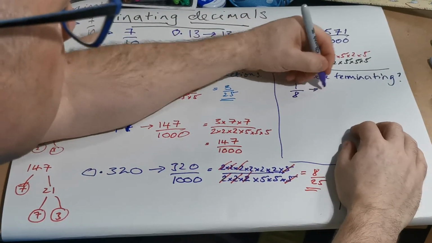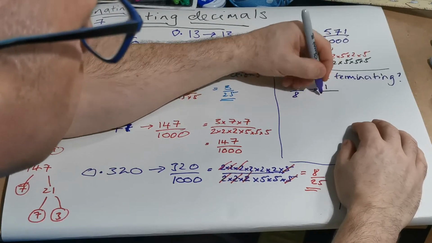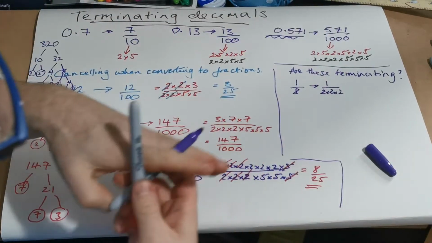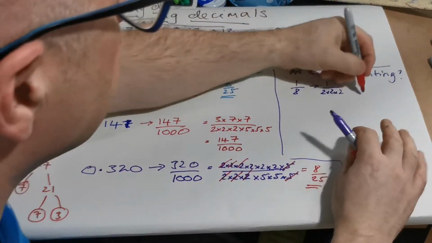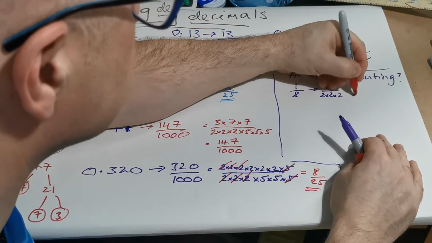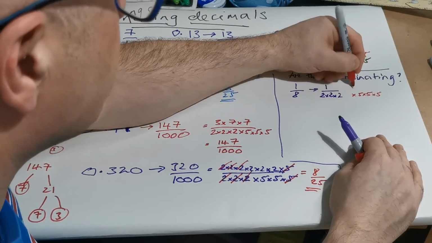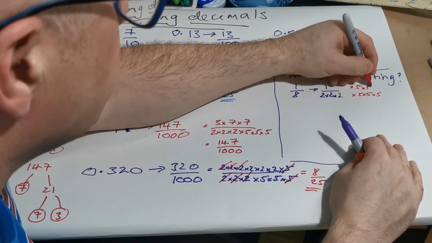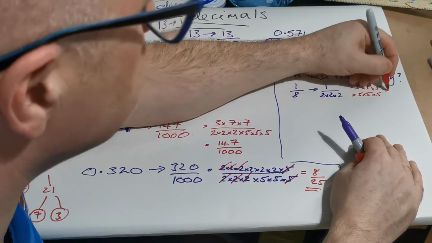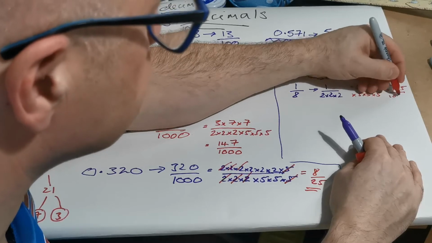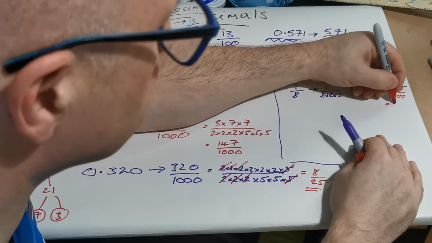Well, I know that that's 1 over 2 times 2 times 2. In order for it to get something that I can manage on the bottom, I'd have to times by as many 5's, top and bottom, which should give me 125 over 1,000, which is 0.125.